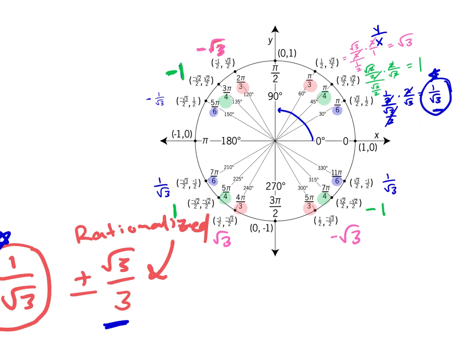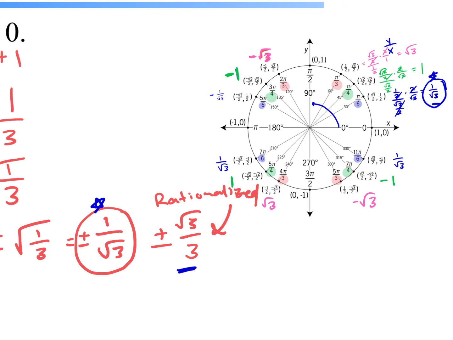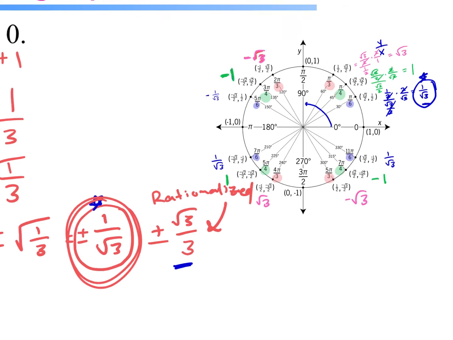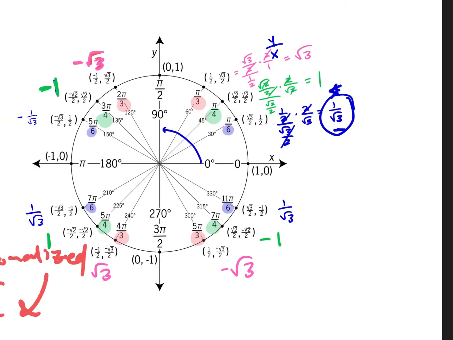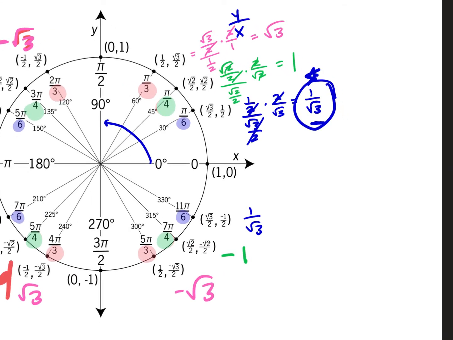Here, we have to find where y over x is positive or negative 1 over square root 3. So at what radian measures is y over x positive or negative 1 over square root 3? What's the radian measure? I thought you said what the coordinate. So we see it here at pi over 6.